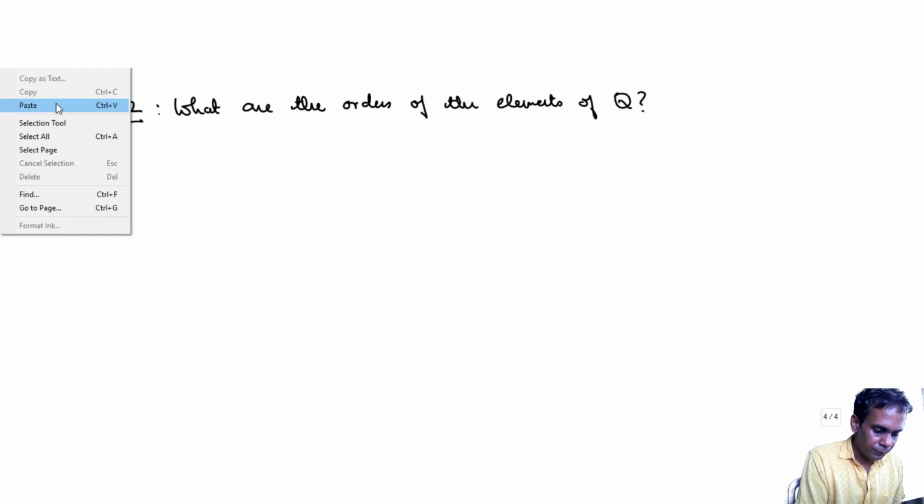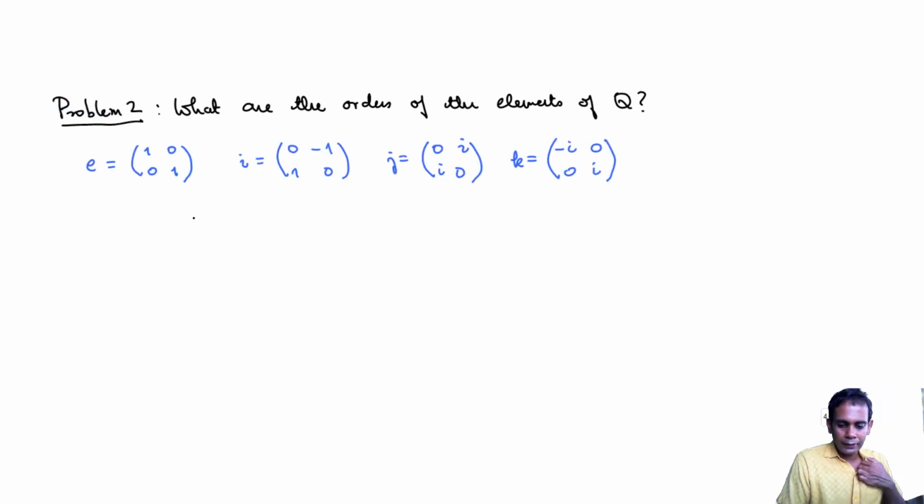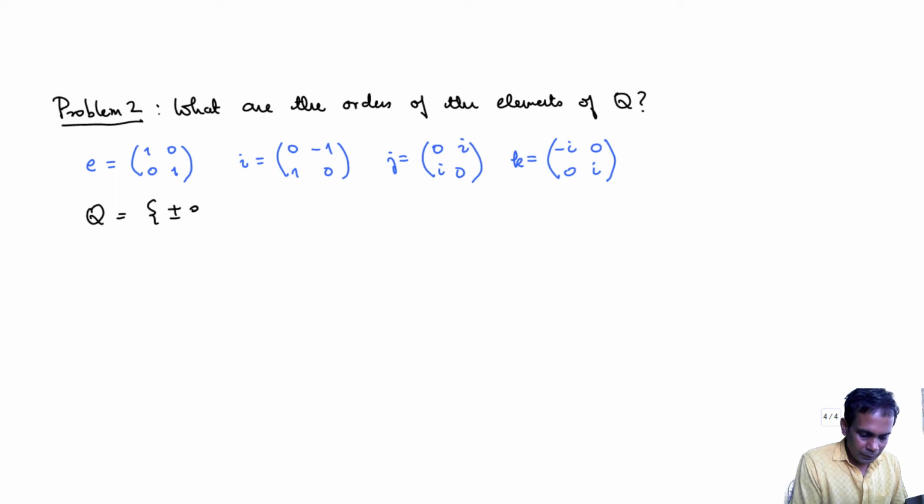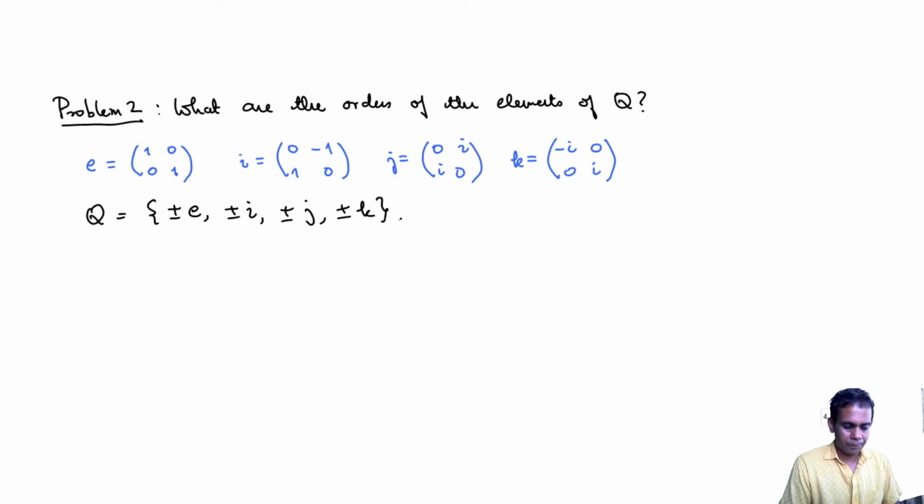Let me remind you that Q is the group consisting of 8 elements: plus or minus e, plus or minus i, plus or minus j, plus or minus k. And I'll let you think about this yourself. So pause your video and try to solve this yourself. And if you cannot, then go ahead and watch me solve it.